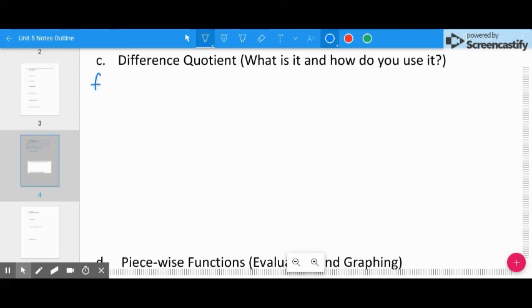It is f of x plus h minus f of x all over h. And for the context of this problem, we will work with the function f of x equals x squared minus 4x plus 7.